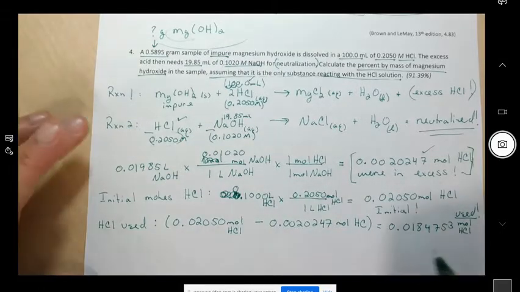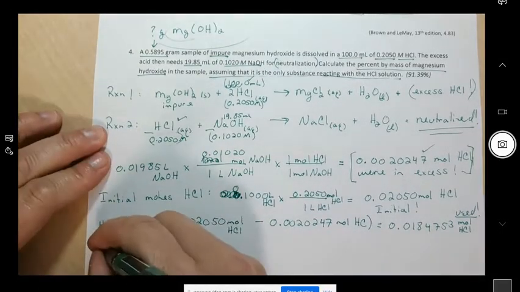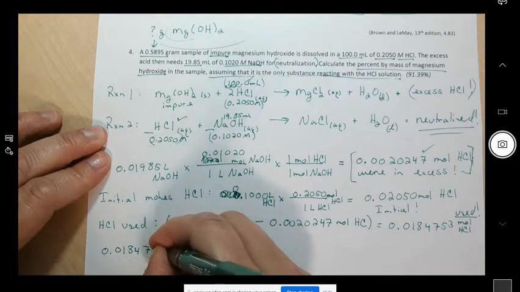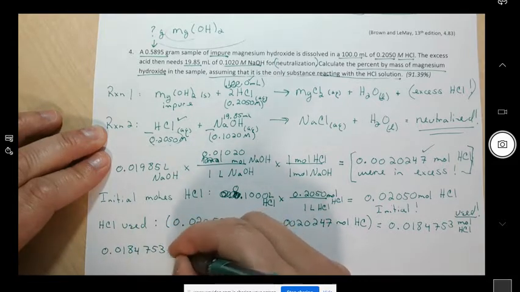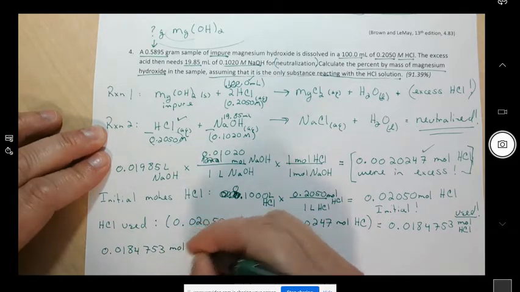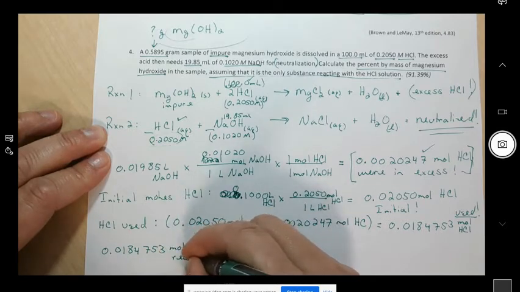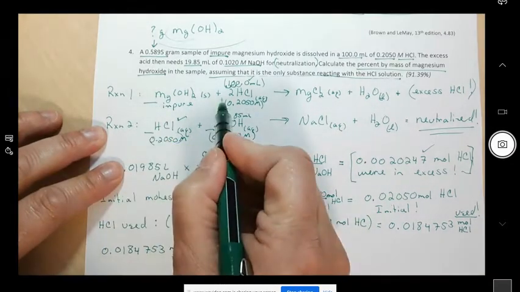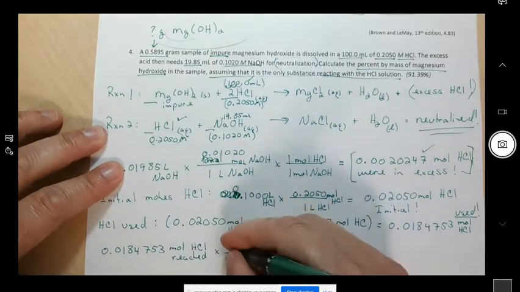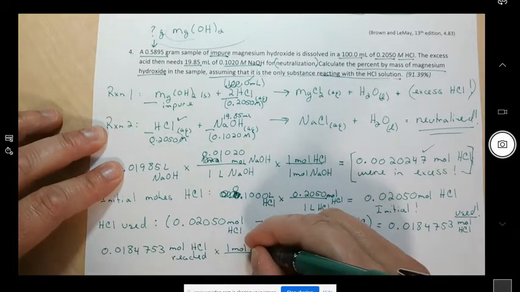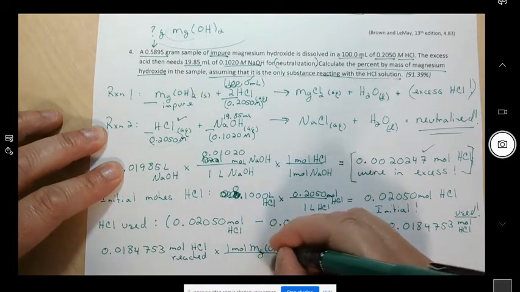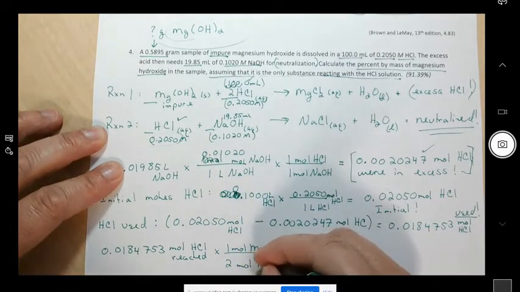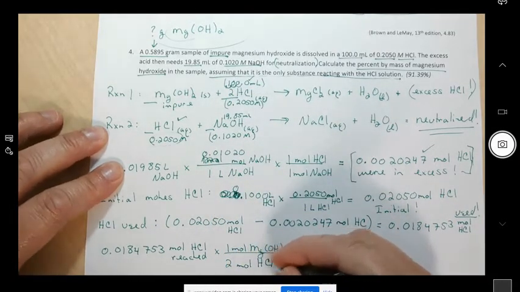So now I'm going to use that 0.018473 moles of HCl that reacted originally. And I know my mole ratio is 1 to 2. So for every 1 mole of magnesium hydroxide that reacted, I had 2 moles of HCl in my ratio.